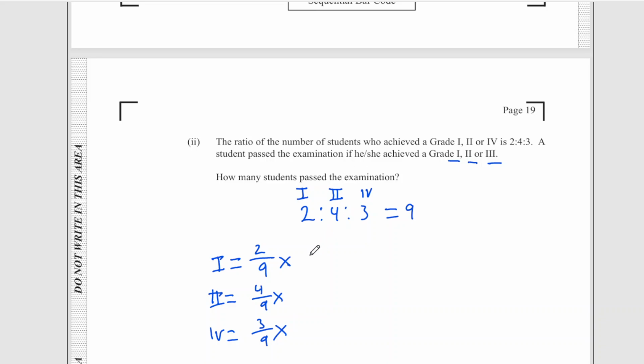What we have to multiply by? When we find in ratios, we have to multiply by the total amount of students, right? But in this question, the ratio here specify only grade 1, 2, and 4. So in other words, we need to get the total students who did grade 1, 2, and 4 alone.